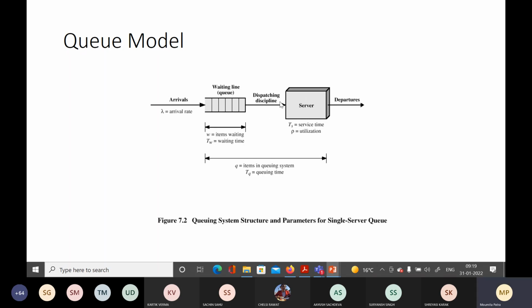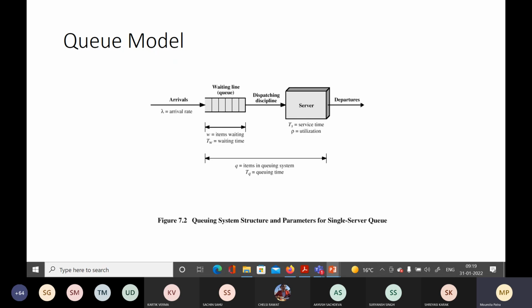So it is getting scheduled to the server. Now the server will serve or execute the job, so it will take some time. That time is known as TS, the service time. And rho is given as utilization, the utilization of the server.